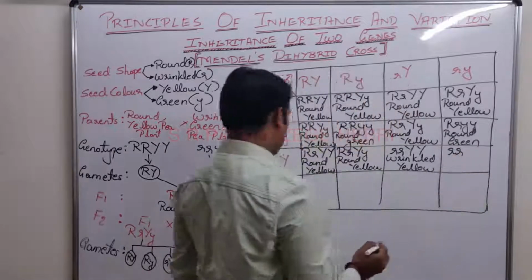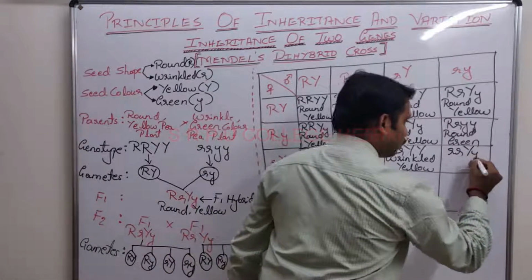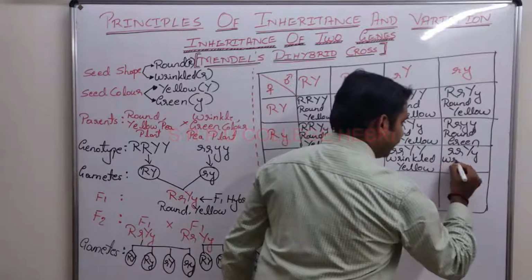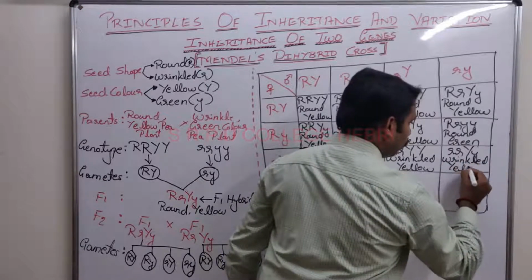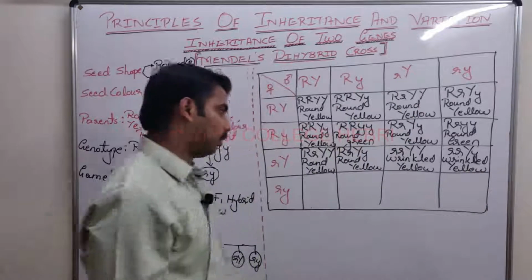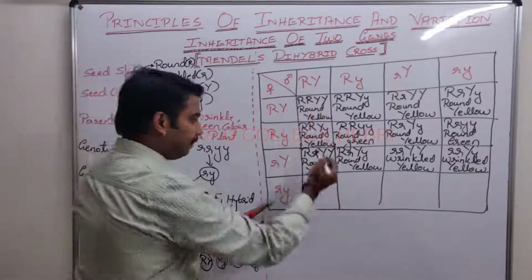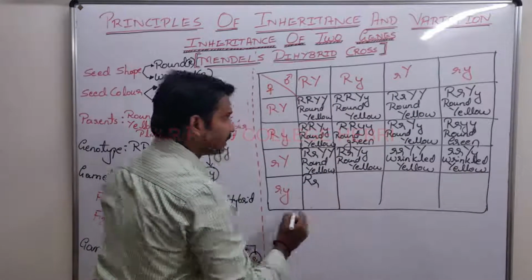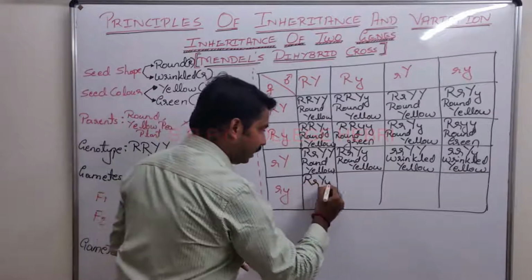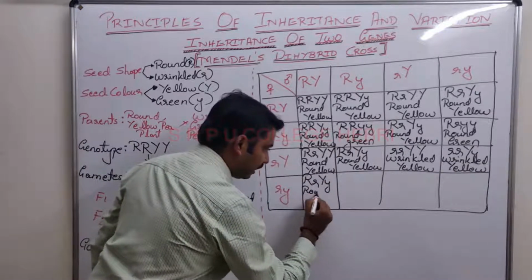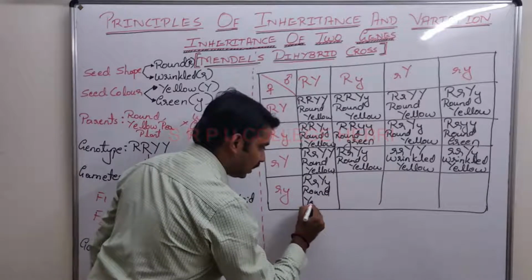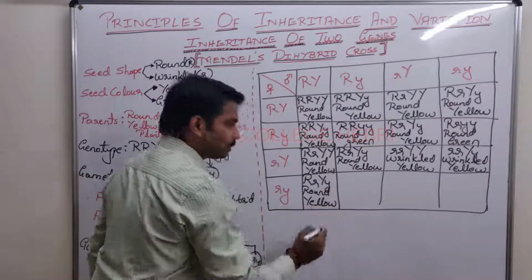What about here in this case? Small r, capital Y, small y. Once again, it is wrinkled yellow. Now the last one, let us complete this. Capital R, capital Y, small y. Okay, here dominant alleles are there, hence seed shape is round, seed color is what?